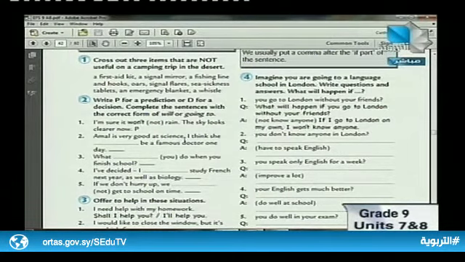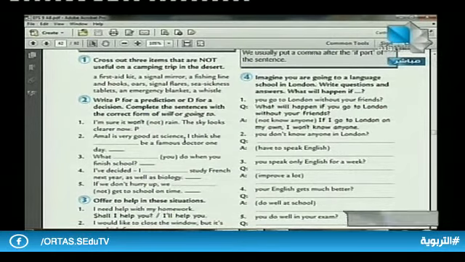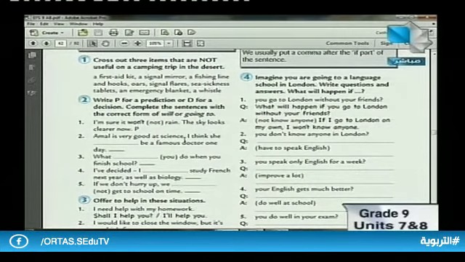So I'm predicting something about her future. I think she will be a famous doctor one day. I'm not talking about something in specific. I'm talking about her in general, and I'm predicting something about her. That's why I should use will, but not going to. She will be a famous doctor one day, so it is a prediction.